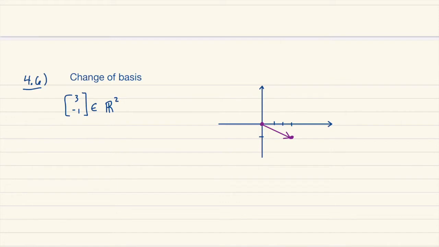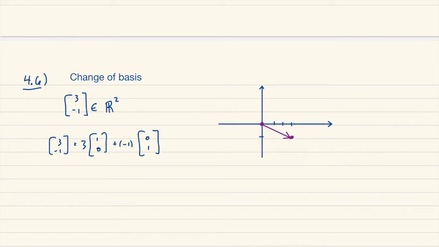Let's write it this way: (3, -1) we can write as 3 times the vector (1, 0), plus -1 times the vector (0, 1), where (1, 0) and (0, 1) are the standard basis vectors. Okay, so those are the standard basis vectors.